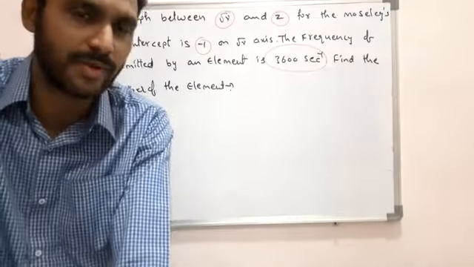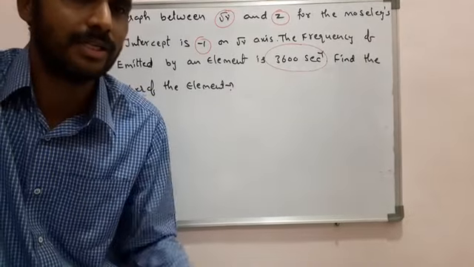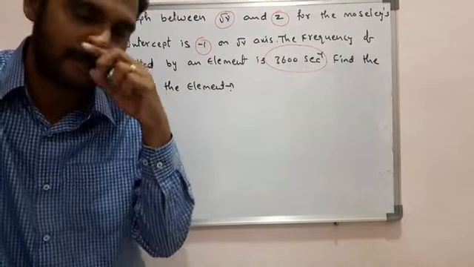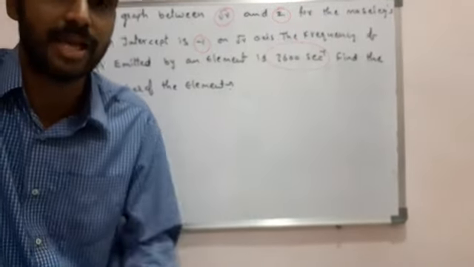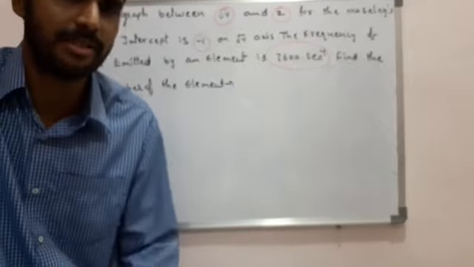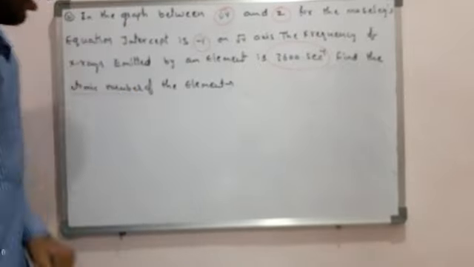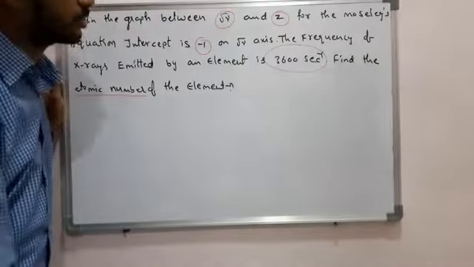Okay, see the next one. Here also the problem is similar to the earlier one, but in the earlier one we calculated the frequency. In this problem the frequency is given, and we need to calculate the atomic number, that is, we need to calculate Z. See the graph between root nu and Z, which indicates the Moseley's equation.